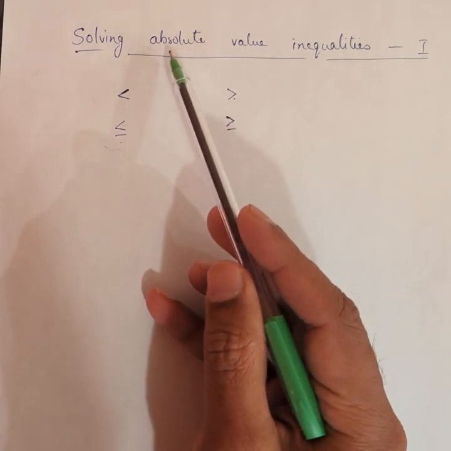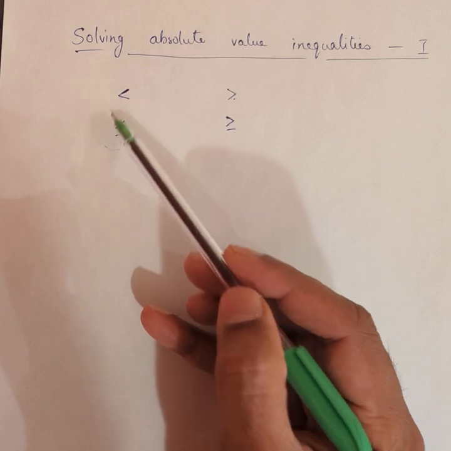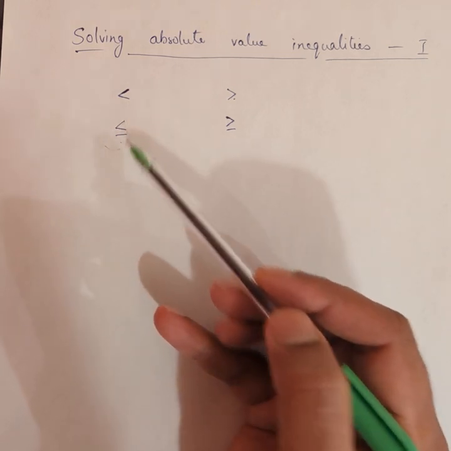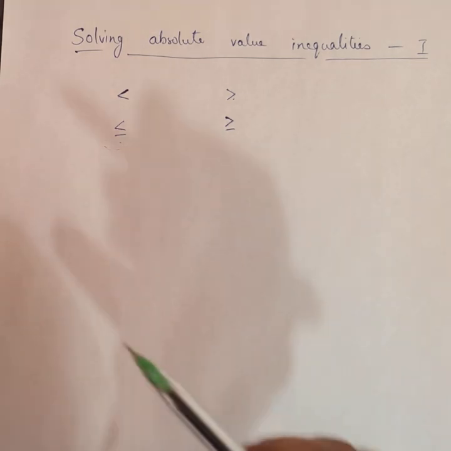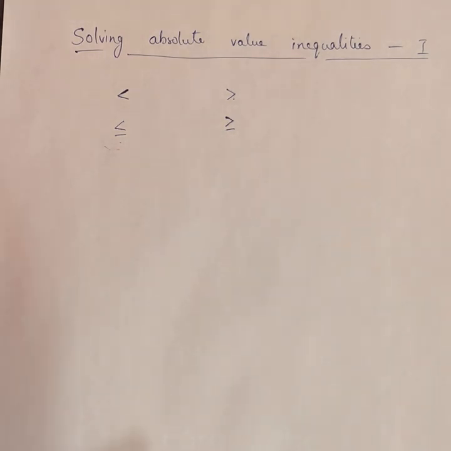So your problem is going to have absolute value and one of these two inequalities. Now, when you solve absolute value equations, most of the time you get two numbers as your solution. If you're not sure how to solve absolute value equations, I have a video on that. Please watch that first.